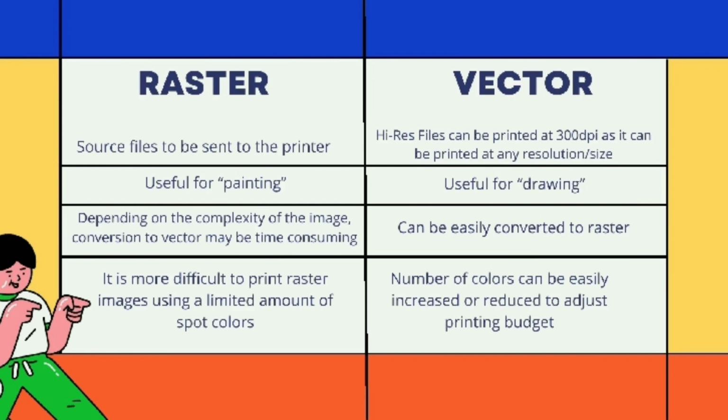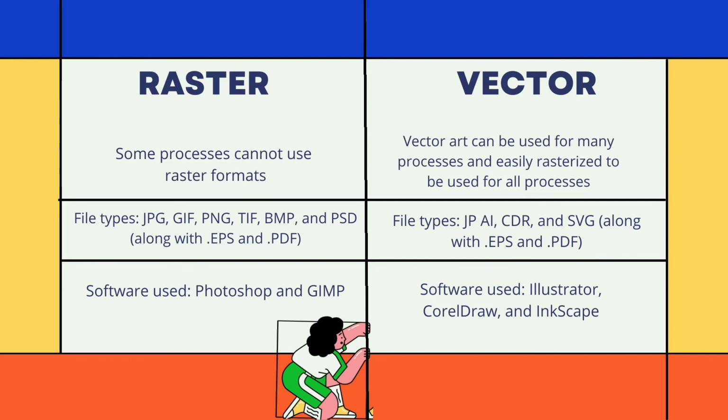It is more difficult to print raster images using a limited amount of spot colors, but the number of colors can be easily increased or reduced to adjust printing budget in vector. Some processes cannot use raster formats, but vector art can be used for many processes and easily rasterized to be used for all processes.